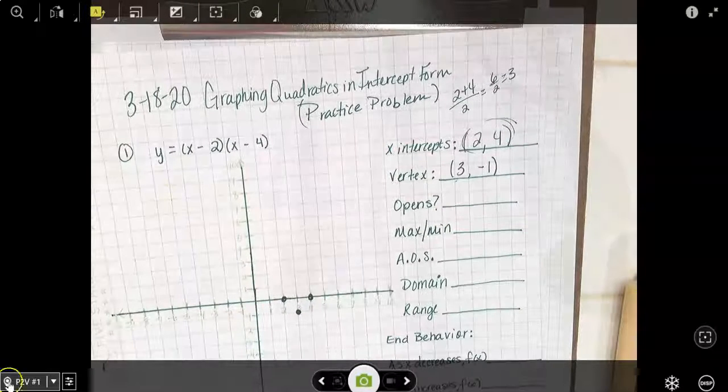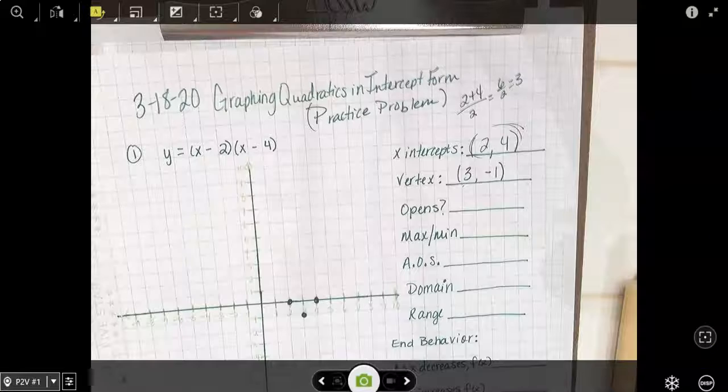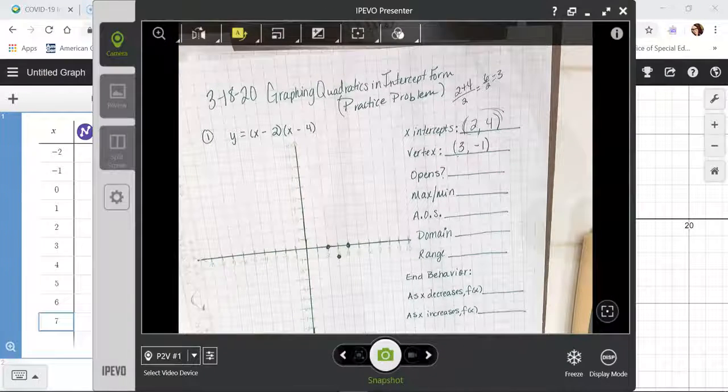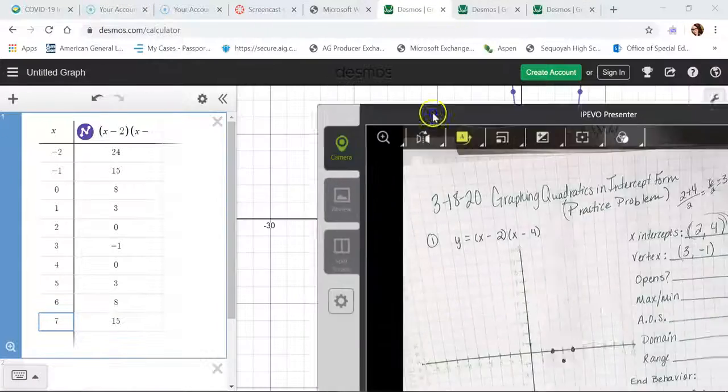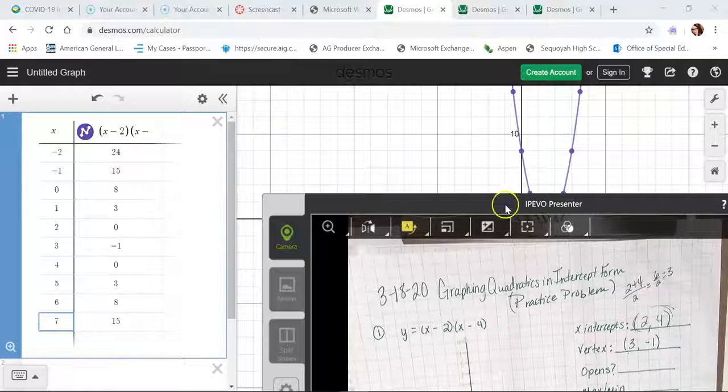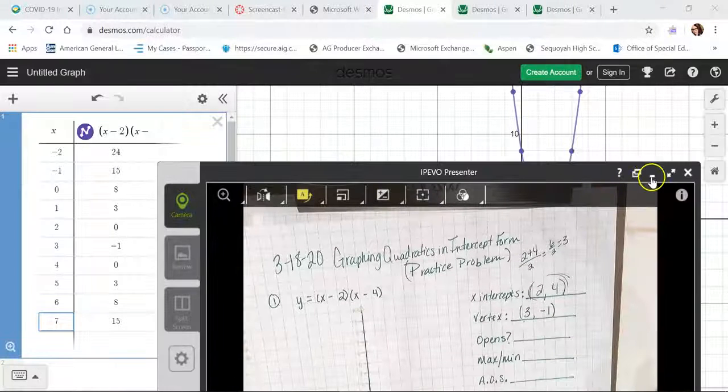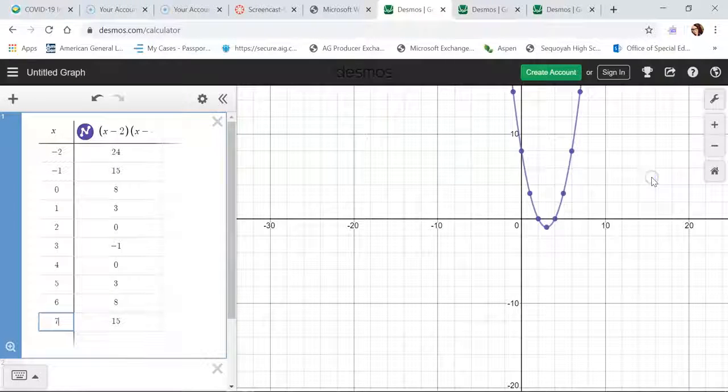All right? And if you need more points, you can go to your graphing calculator online, see what it tells you. Let's just minimize that. So that tells you you've got the points 0, 8. So I'm here, guys, 0, 8, which is there.